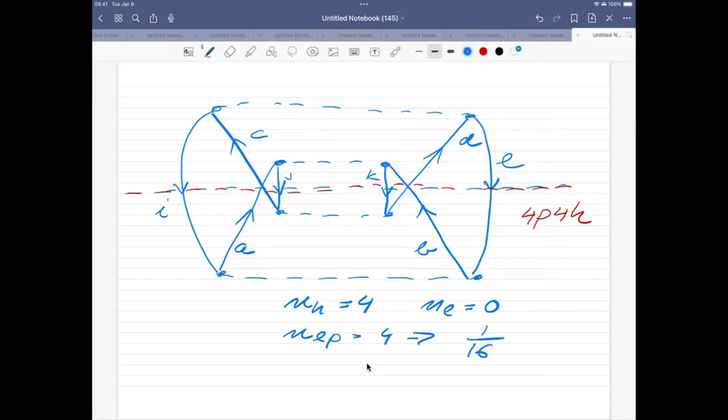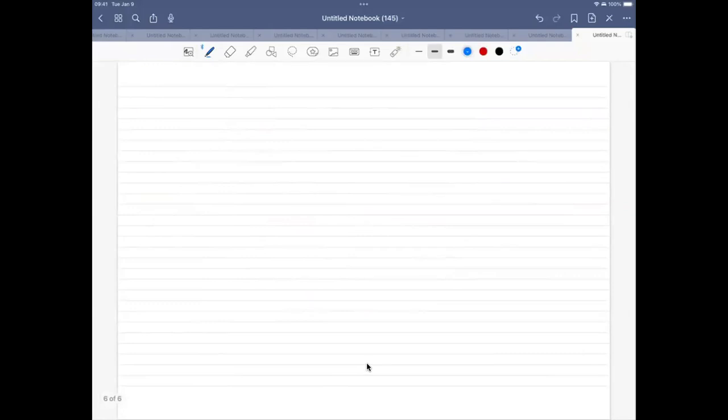Okay, so let us now look a little bit closer at the final expression which we're going to get for this diagram. We will now have a summation over all the particle and hole states. So the final expression is going to be given by 1 divided by 16, and then a sum over A, B, C, D, and then the hole states I, J, K, L. And now I start again with the top vertex.